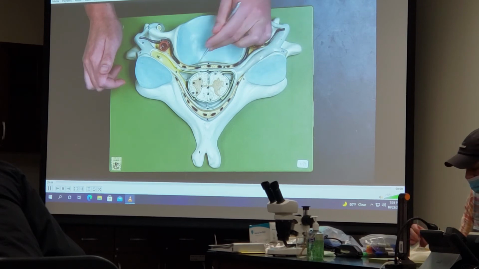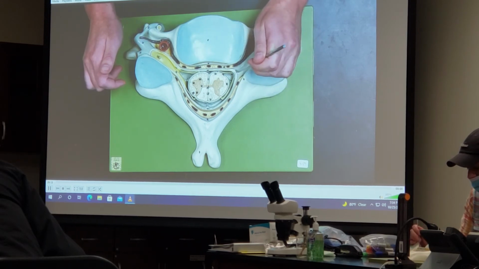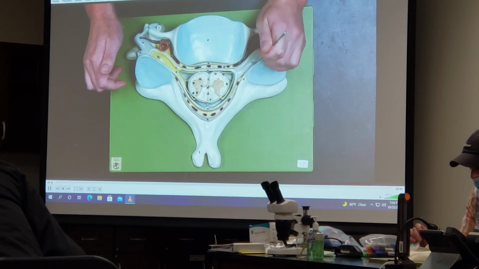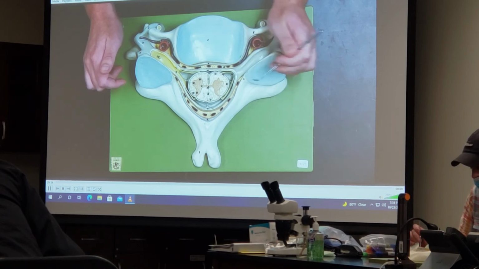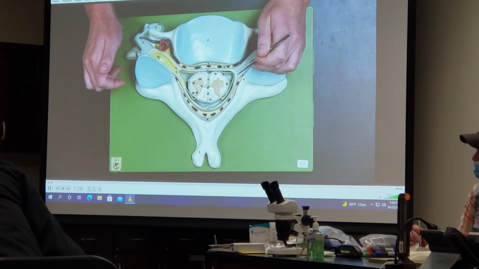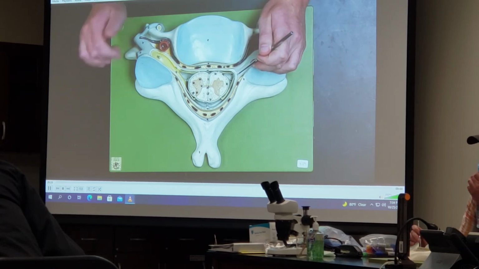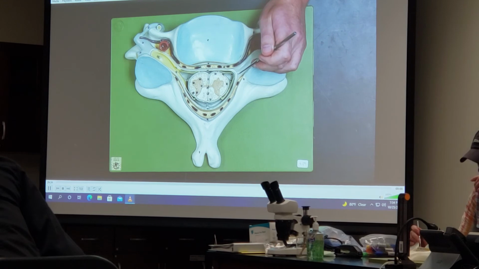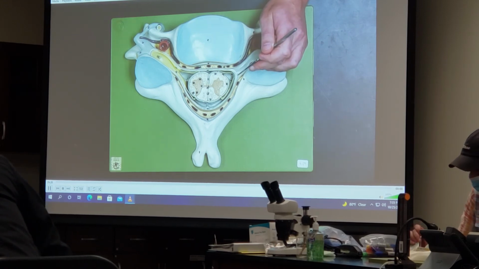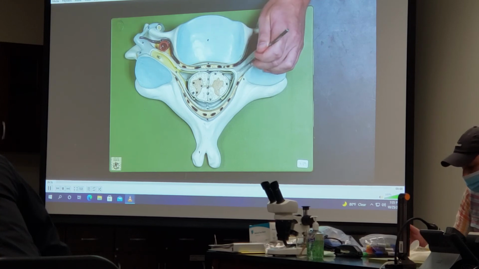Those are going to merge to become a mixed nerve, right before the ganglion. There are going to be 31 pairs of these spinal nerves. This is a spinal nerve, it's mixed, it has both sensory and motor.